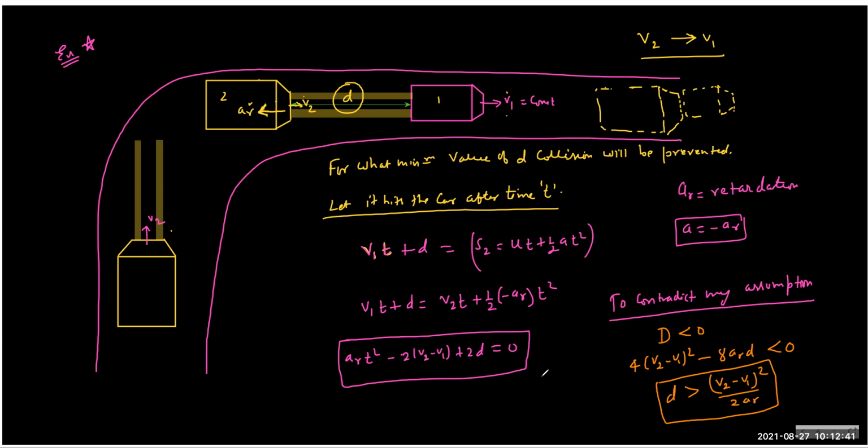Now, this is a really real life situation, and this question is a very old problem of Resnick and Halliday. It was published somewhere in the 1930s or 40s. It's so old, but still relevant today. Let's say AR is known to the device.